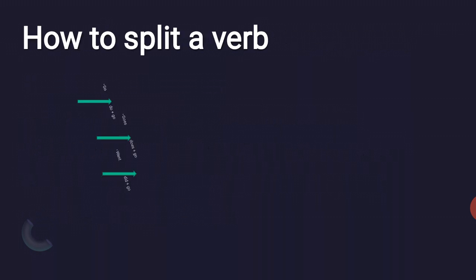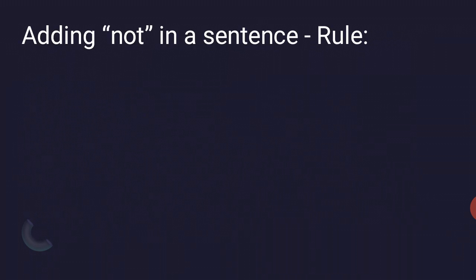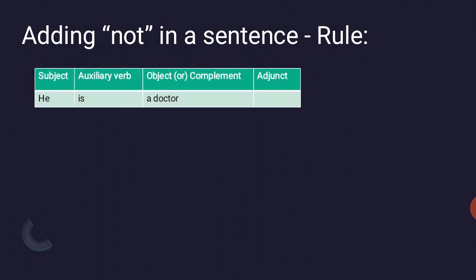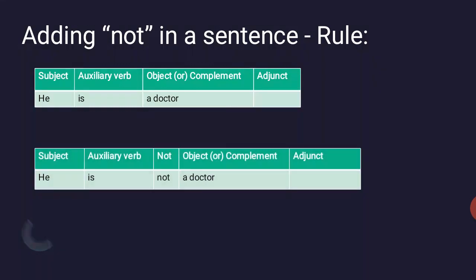For that, see the basic rule, it is given here. Okay, so next, that was a positive sentence, and it is giving you the negative sentence, adding not in a sentence. The same sentence I have given you, only adding not to it: subject and auxiliary verb plus not plus object, the same pattern.